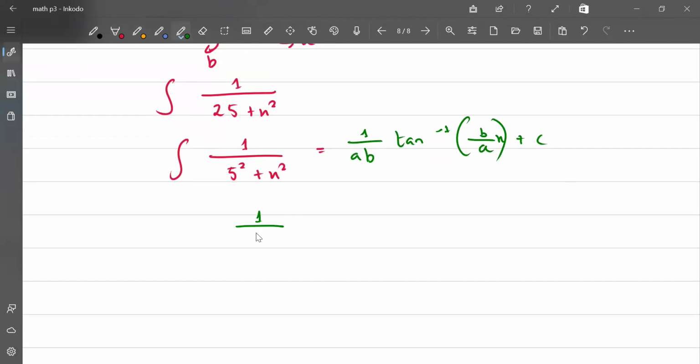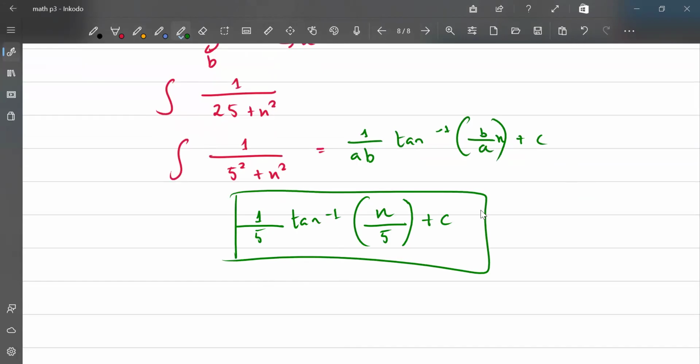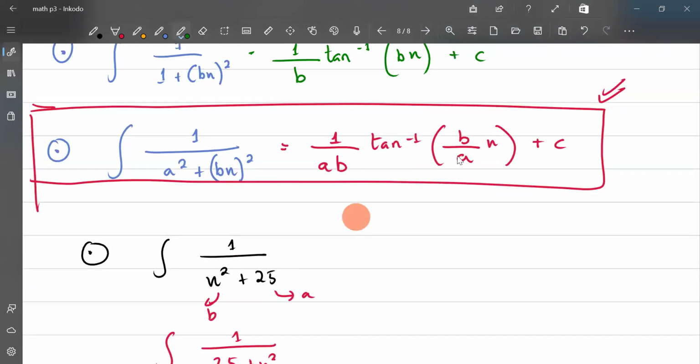We have 5 for A, B is 1, tan inverse B upon A x, x upon 5, plus C. So this is how you will integrate it using this standard formula.